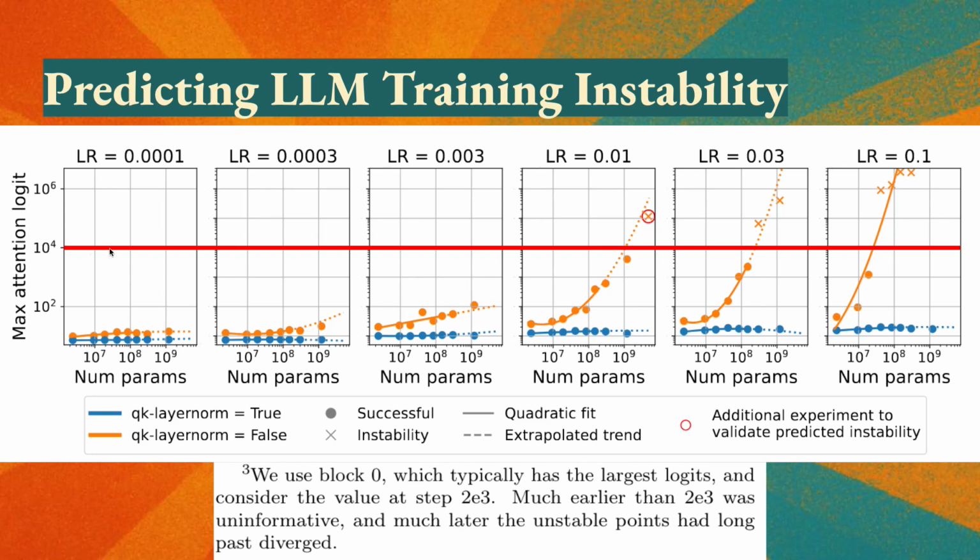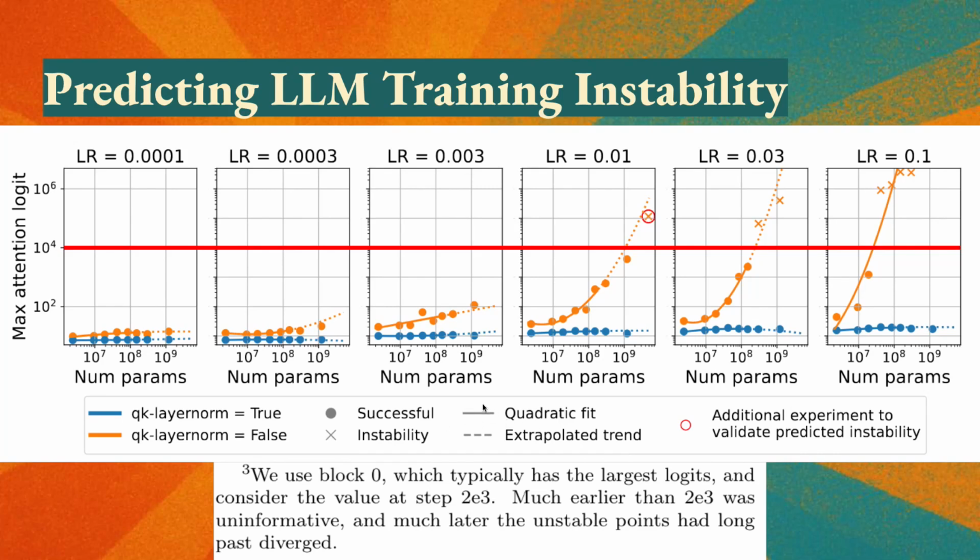The line here is at 10,000, which we're going to see is significant in a second. The blue lines and blue marks are for situations where QK-layernorm is true. The green marks are for situations where QK-layernorm is not implemented. Circles indicate successful training runs, whereas X's indicate failed training runs, so you have exploding loss.